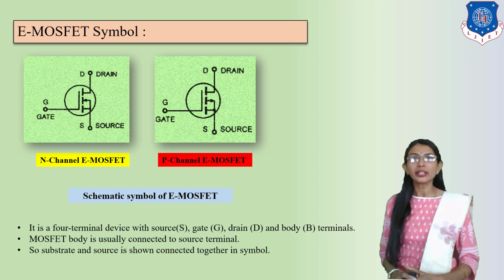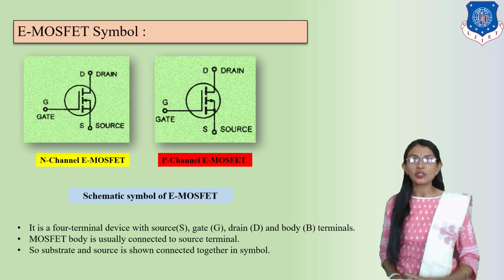Similarly, if the direction of the arrow is outside the circle, like this second symbol, then it is known as P-channel E-MOSFET. So these are the two symbols with the four terminals, and a MOSFET is always with four terminals: drain, gate, source and substrate. Source and substrate terminal are connected together.